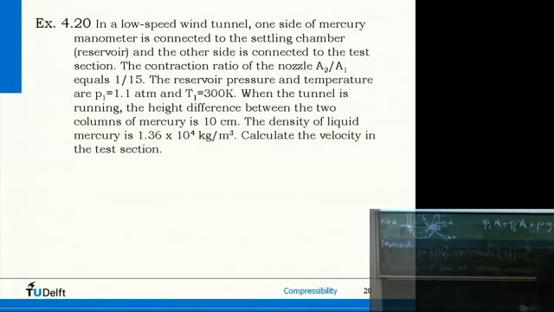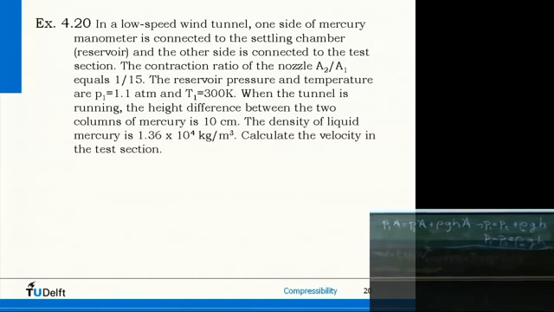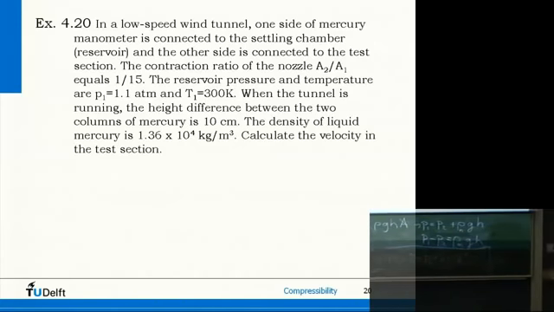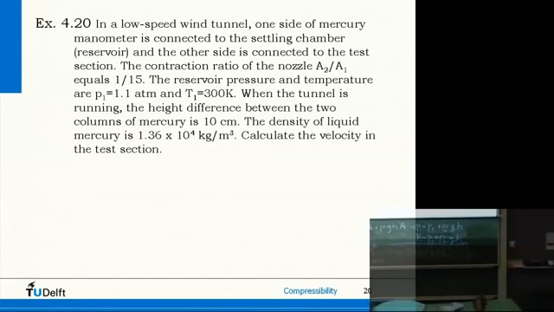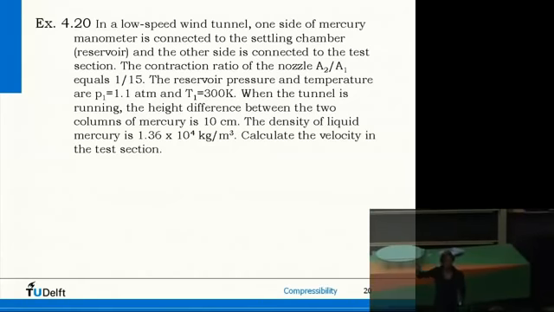P1 minus P2 we know through the manometer. So then we still have one equation with two unknowns, V1 and V2. And it's a bit misleading maybe. Low-speed subsonic wind tunnels are much different from supersonic wind tunnels. Supersonic wind tunnels work with a huge reservoir under very high pressure, and then the flow is injected through a very strongly converging, diverging nozzle.